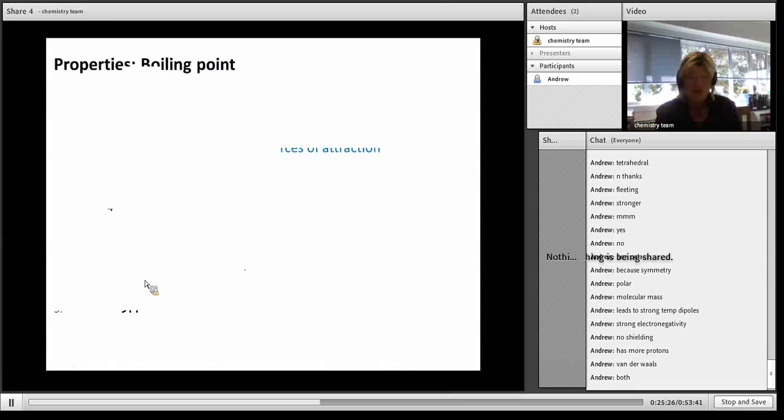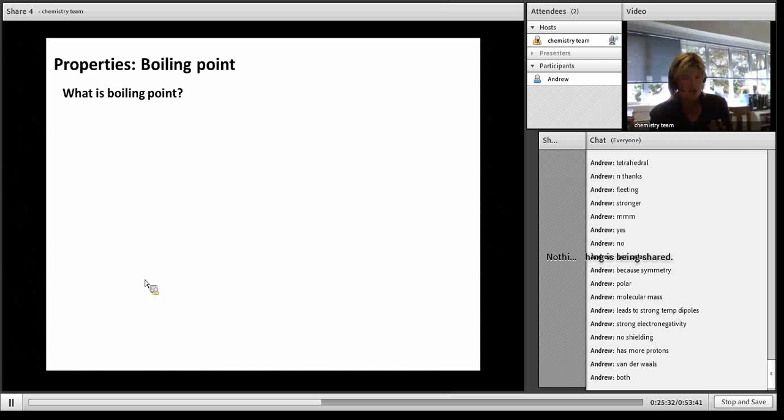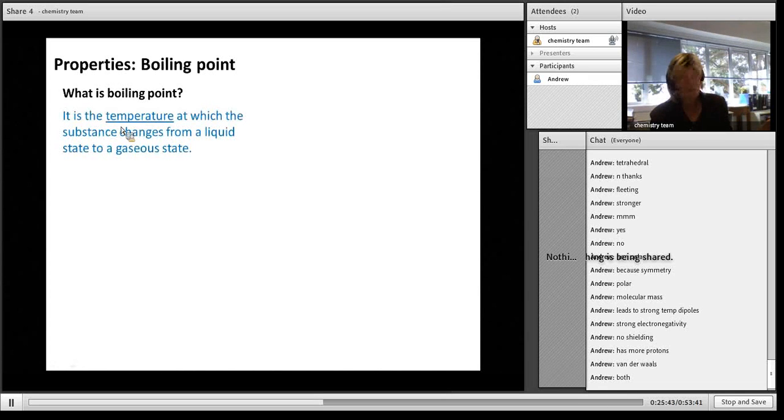Right, so how do we use this to explain boiling points? Now, invariably somewhere along the line you have to show you know what a boiling point is. Most students will say, oh, it's when liquid changes to a gas. That gets 0. You have to say it's the temperature at which a substance changes from a liquid to a gas.